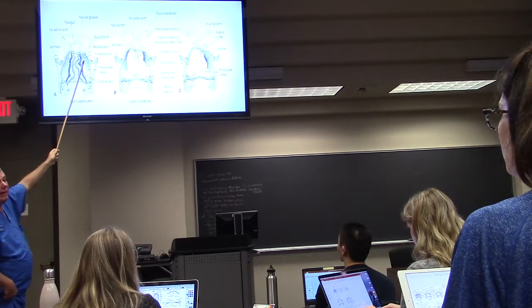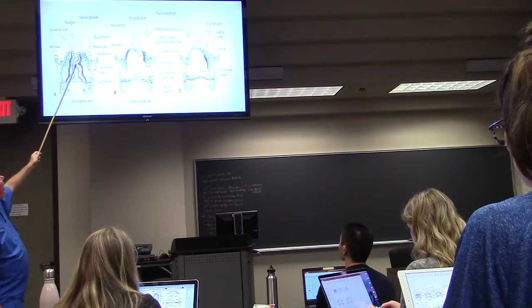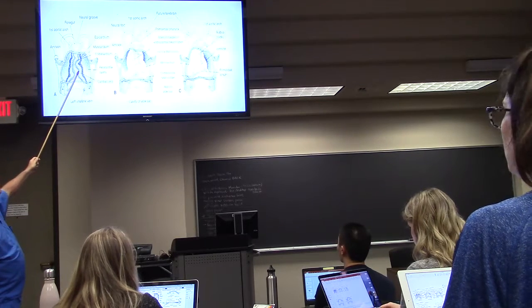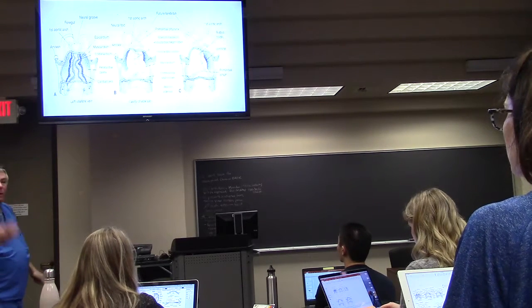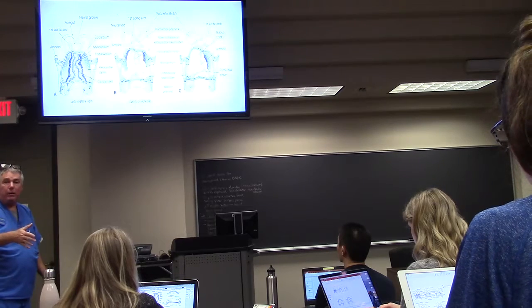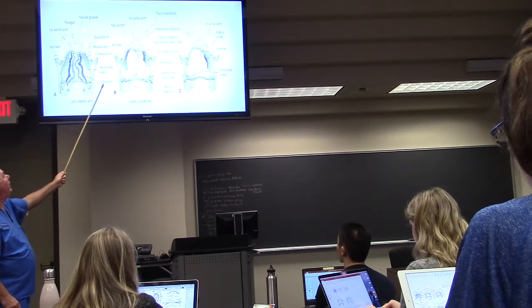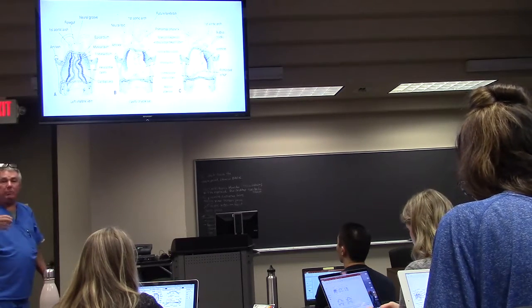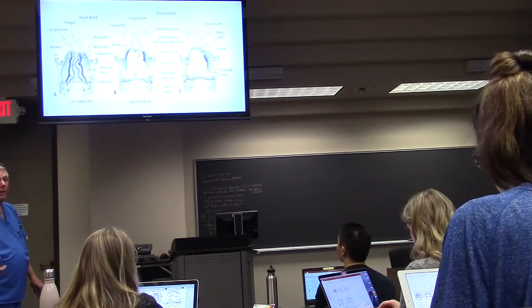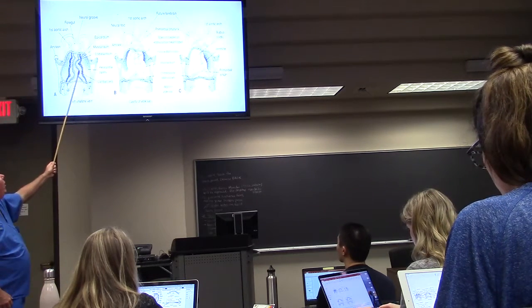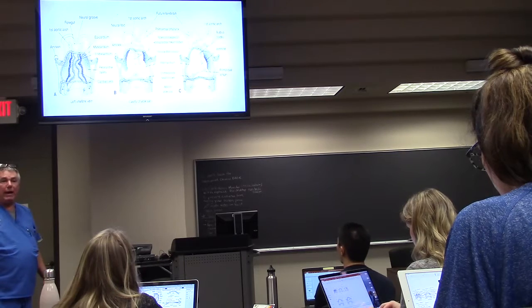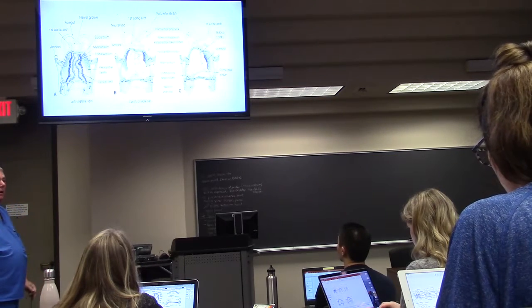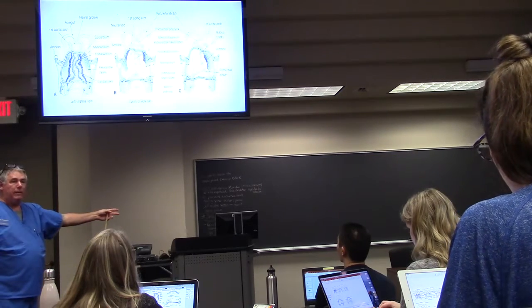Directly underneath that is the myocardium, and right here is the endocardium. Those are the 3 elements of the heart. This cardiac jelly here is going to go away. It's mesenchyme, it'll go away. But those are the 3 layers of the heart. You got 3 layers on one side, and 3 layers in the tube on the other side.